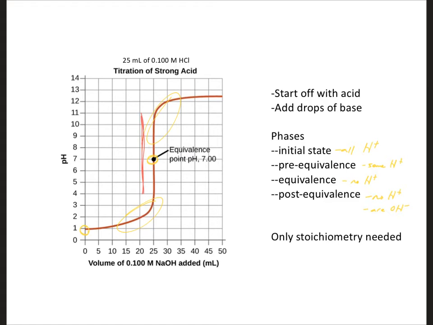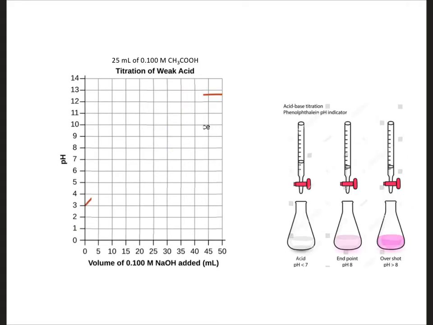So now let's move to a little bit more complicated scenario where we're talking about a weak acid being neutralized by a strong base. So now instead of having 25 milliliters of our strong acid, HCl, we're going to talk about having 25 milliliters of a weak acid, something like our acetic acid, still at that 0.1 molar concentration.